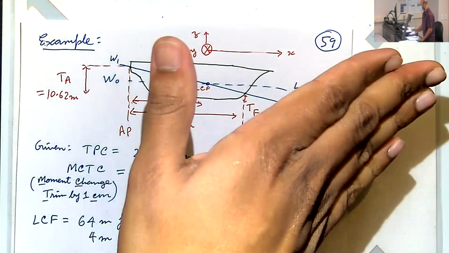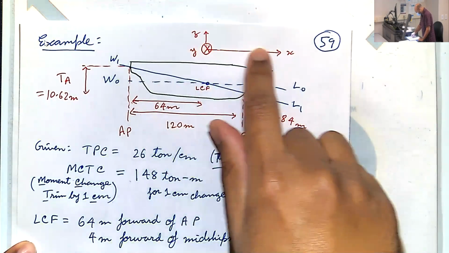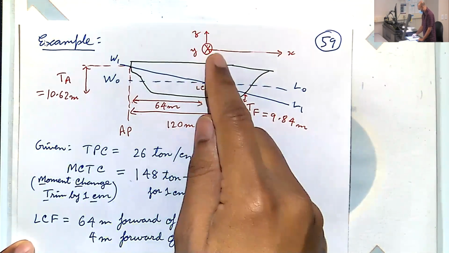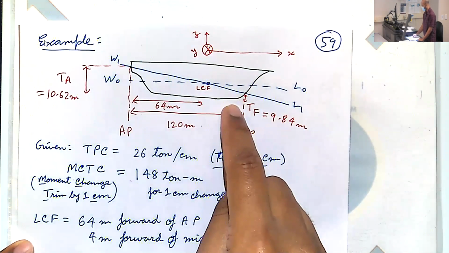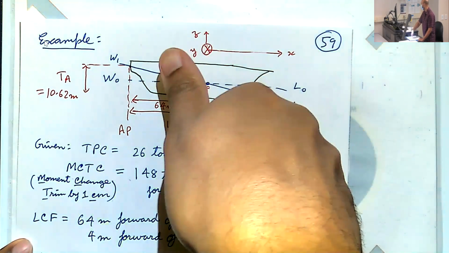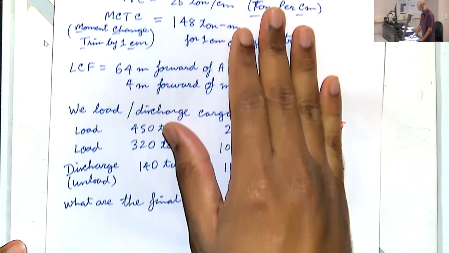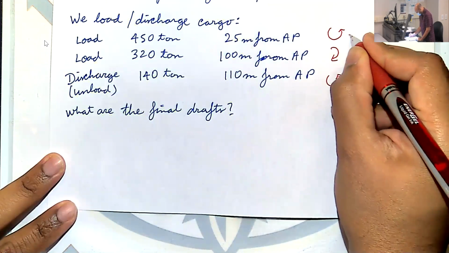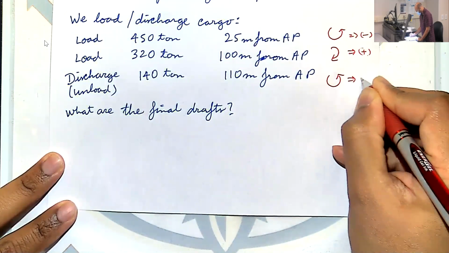Oh no, wait. It is still right-handed, right? X, Y, and Z is up. But we're very used to talking about counterclockwise rotation as positive, clockwise as negative. But in this case, our y-axis is pointing into the screen. So clockwise rotation is positive, counterclockwise is negative. Okay. So this guy is negative, this guy is positive, this guy is negative.